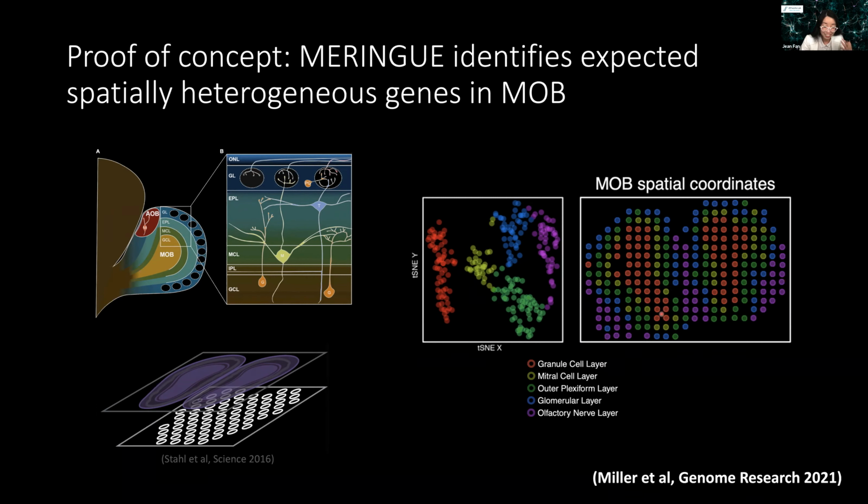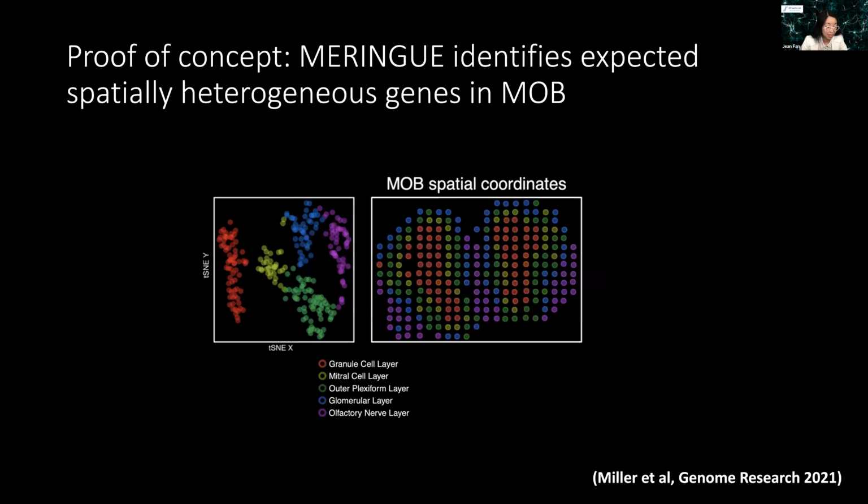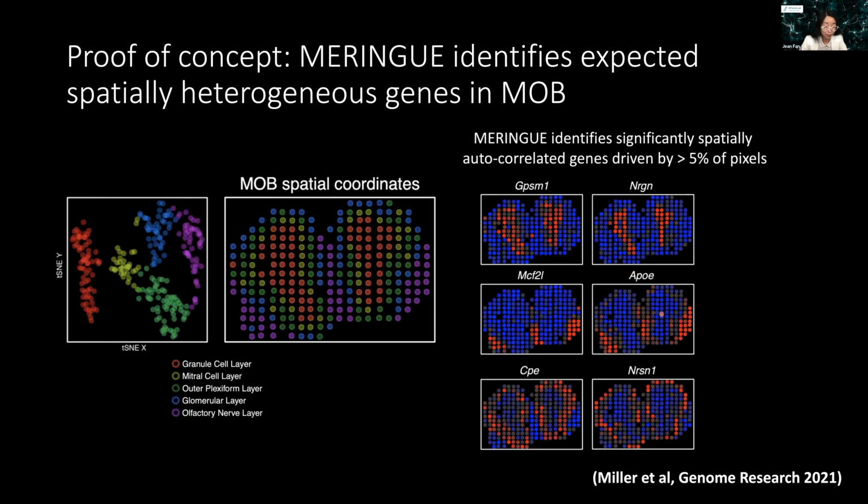Expectedly, in this particular case, given that these transcriptionally distinct cell layers are organized spatially, we would expect, if our approach works, that we would identify spatially heterogeneous genes that are consistent with these cell layers. And indeed, that's what we find.